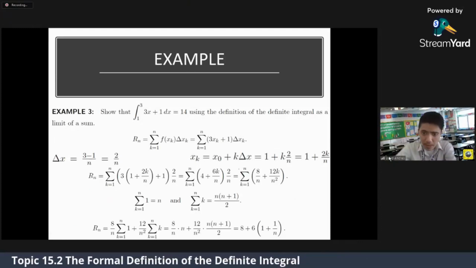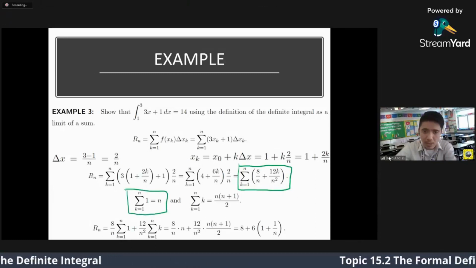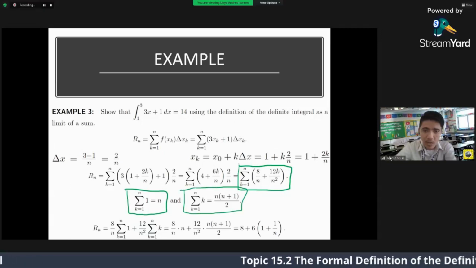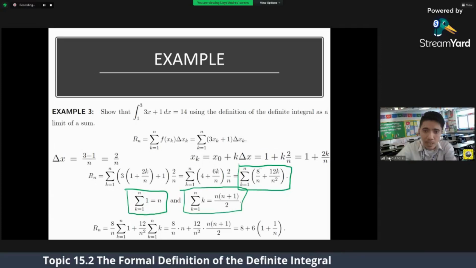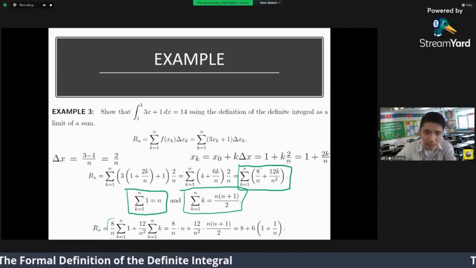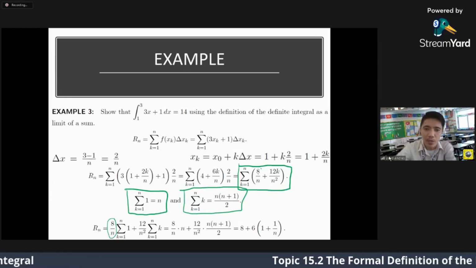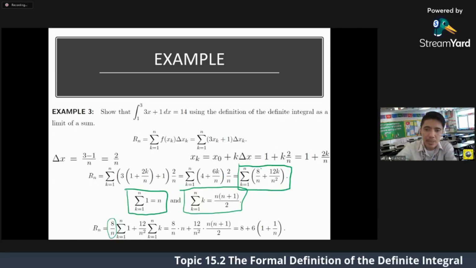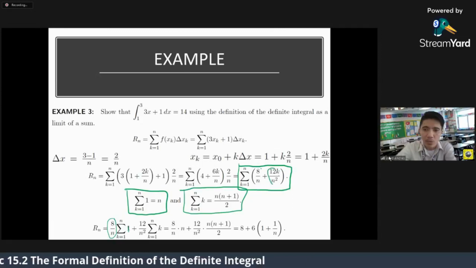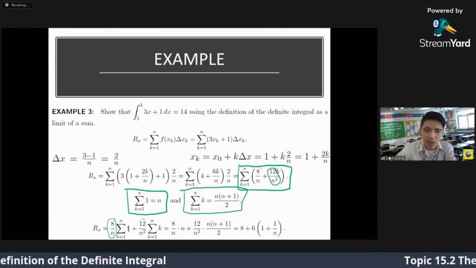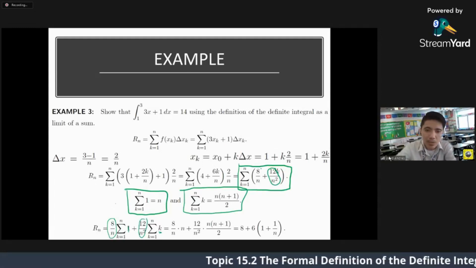From this one, we will use this summation equation. Take note that the reason these are outside is that we factor them out. If you factor out 8 over n, only 1 remains. Likewise, factor out 12 over n squared, so only k remains. So these are what we need now, the two of them.